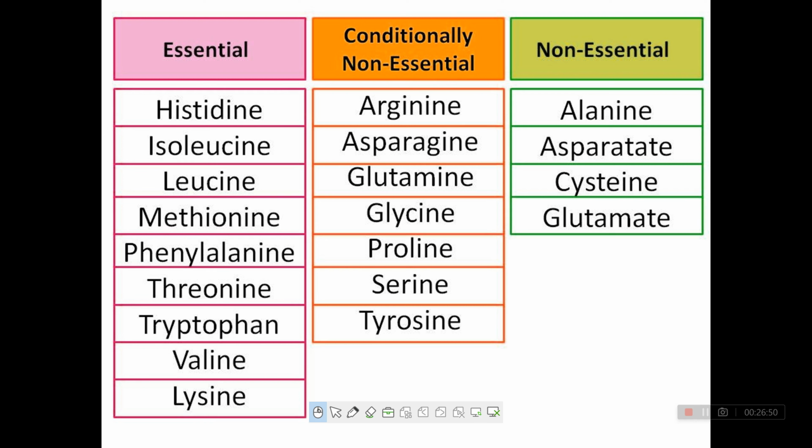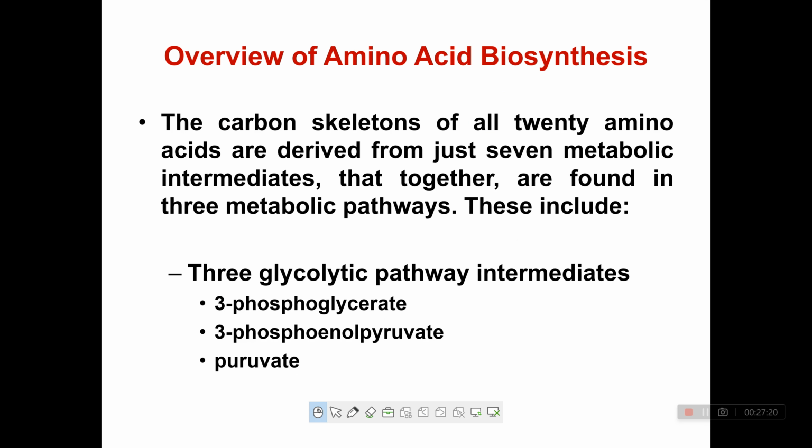Those are histidine, isoleucine, leucine, methionine, phenylalanine, threonine, tryptophan and valine, right? And the non-essential amino acids are arginine, asparagine, glutamine, glycine, proline, serine, tyrosine, alanine, aspartate, cysteine and glutamate. Means 10 are essential amino acids and 10 are non-essential amino acids.